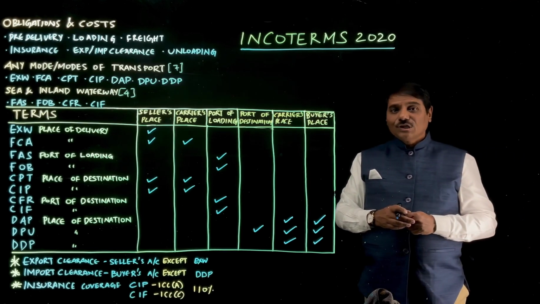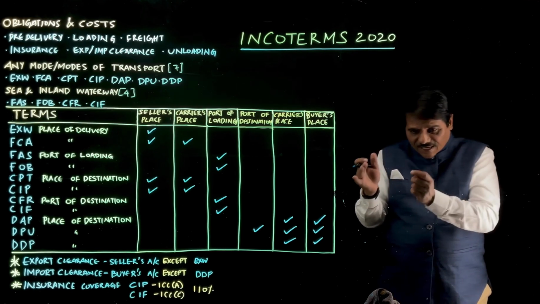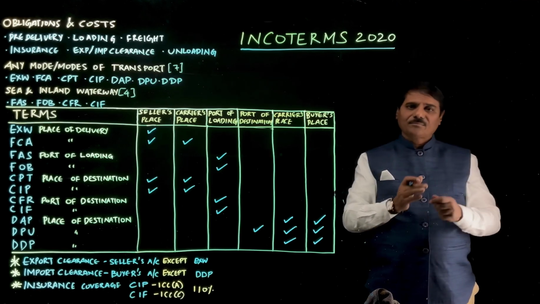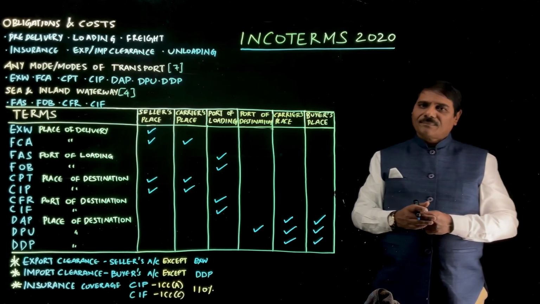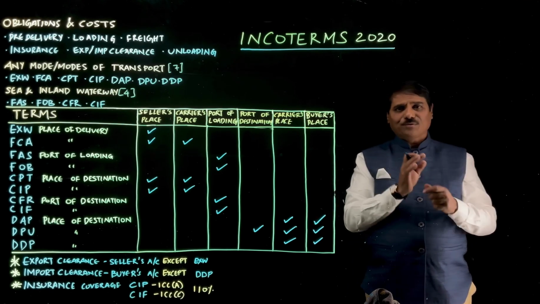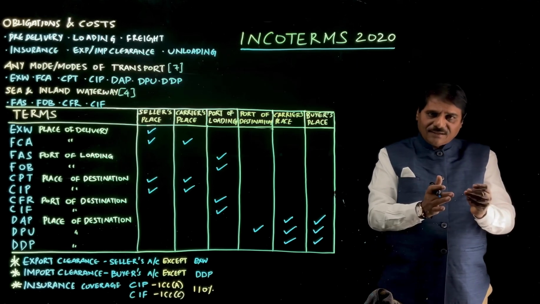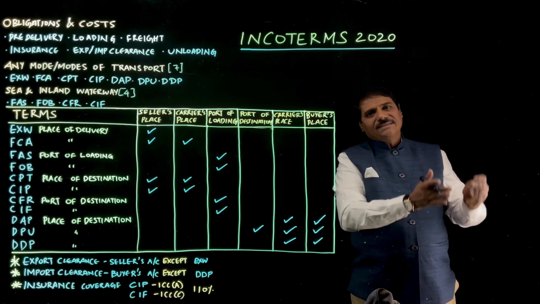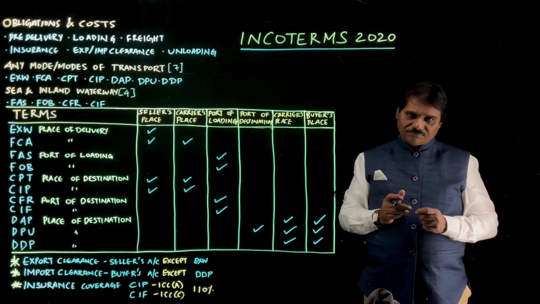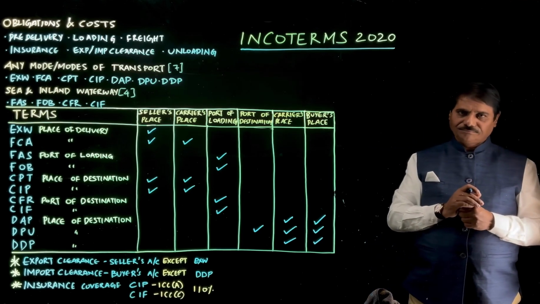Suppose it is a multimodal transportation. From the seller's warehouse, it goes by truck, thereafter by sea. I repeat, if it is a multimodal transport, from the seller's warehouse the goods go by truck and thereafter by sea. There are two modes of transportation involved under multimodal transport.